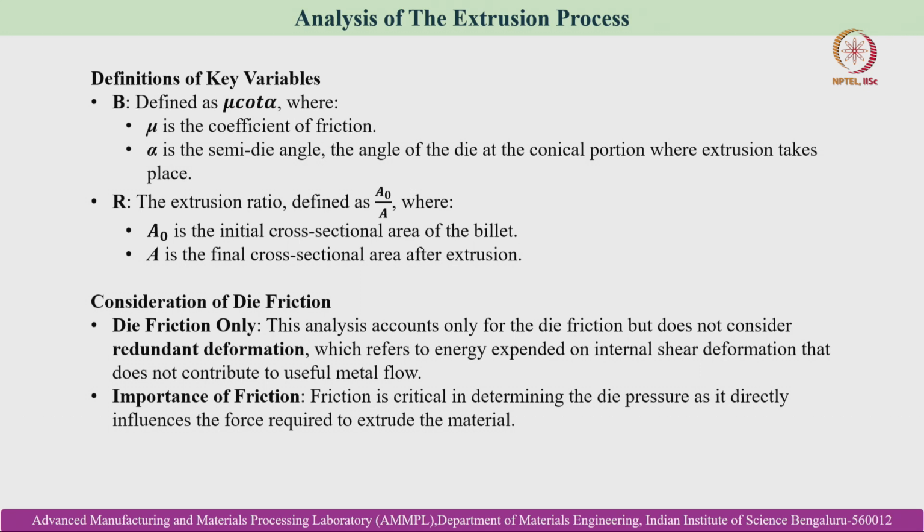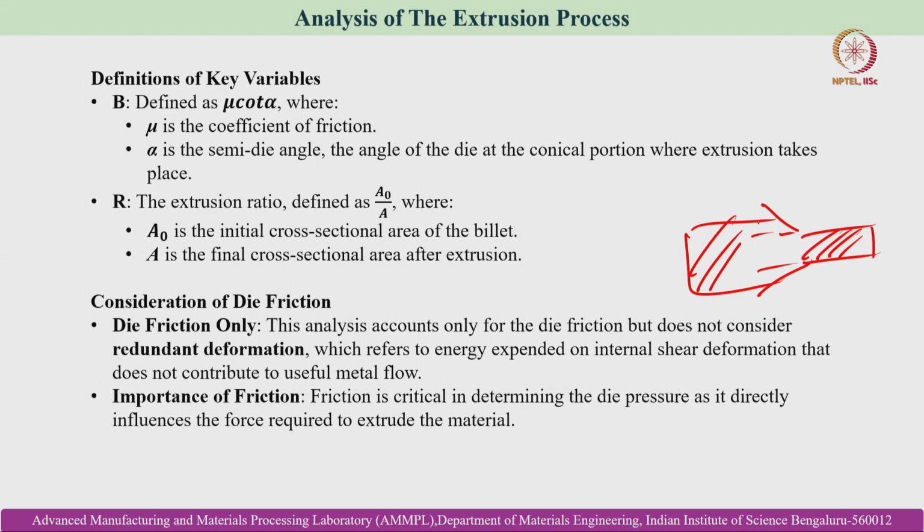Here let us define the key variables. B is defined as mu cot alpha, where mu is the coefficient of friction and alpha is the semi die angle, that is the angle of the die at the conical portion where extrusion takes place. Basically it is this angle here that is talked about. This is the billet which is undergoing the wire drawing process, and then the resultant billet is forming.